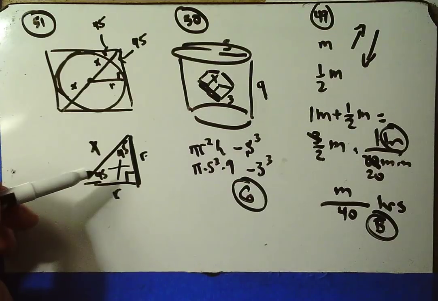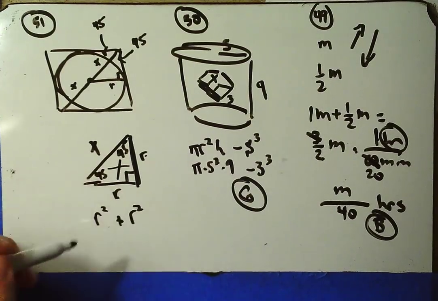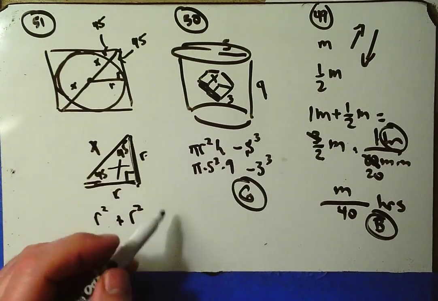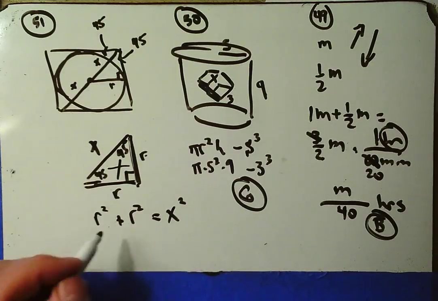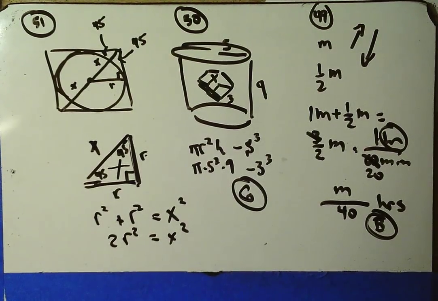Well, we're asked to say what's the length of the radius in terms of x. Well, according to the Pythagorean theorem, r squared plus r squared should equal x squared, or 2r squared should equal x squared. And we need to solve this for r, so I'm going to divide both sides by 2 and get r squared equals x squared over 2.